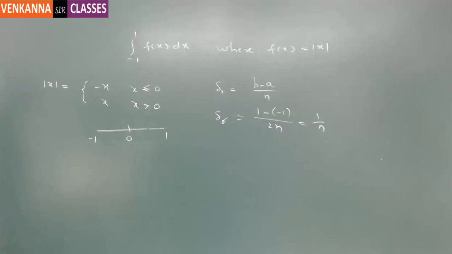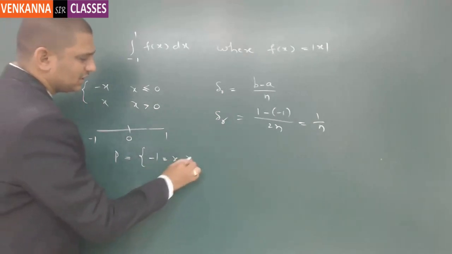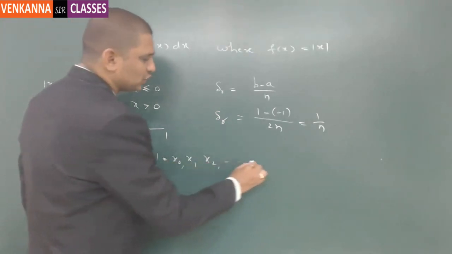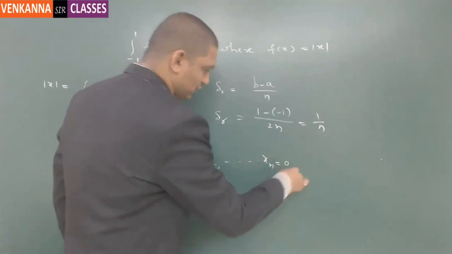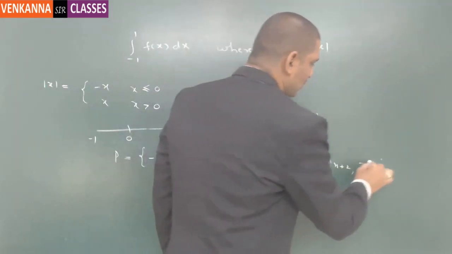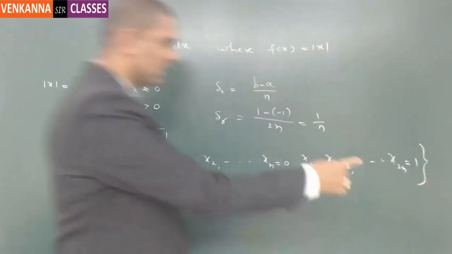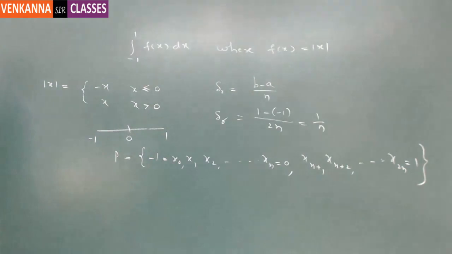So the partition will be written like this. -1 is equal to x naught, x1, x2, and so on, xn is equal to 0, xn plus 1, xn plus 2, and so on, x2n is equal to 1. In this way, we take the partition. Total 2n equal segments we have considered.